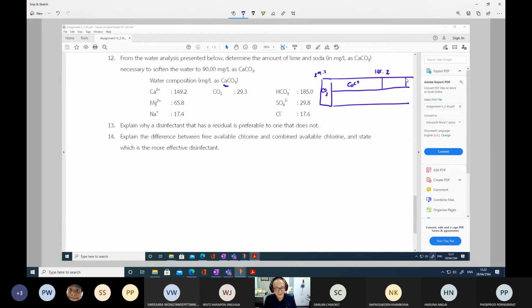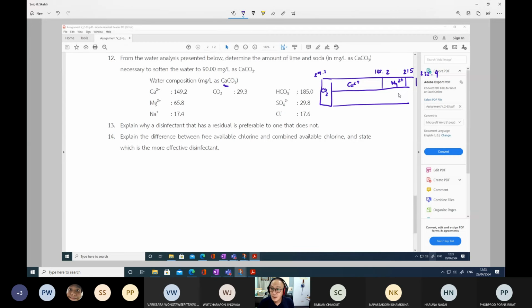It becomes 215. And the last one is 17.84, so this will be 32.4.